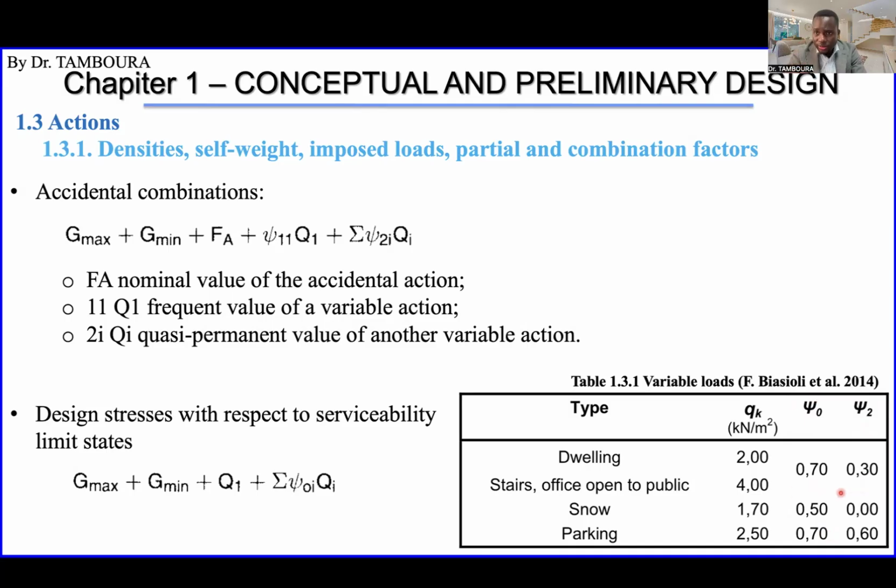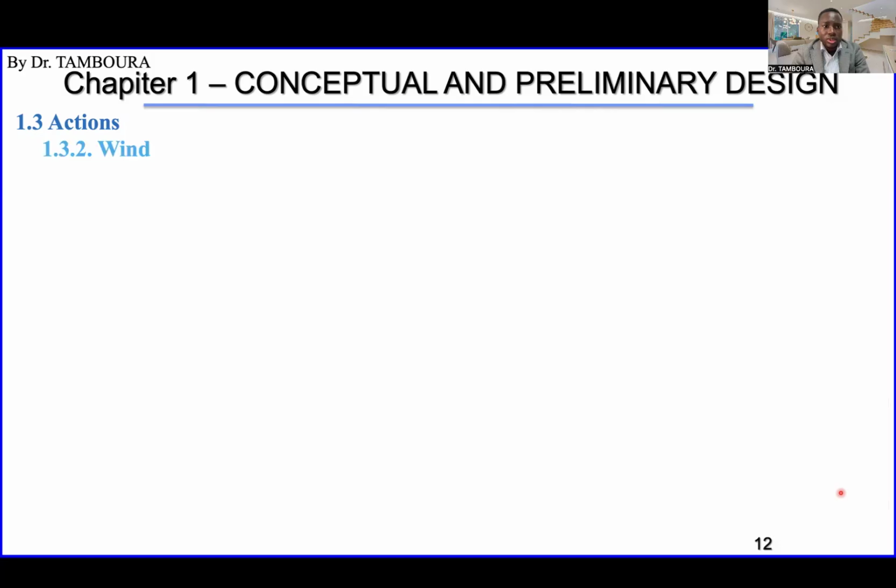Please know the difference between combination factor and partial factor. They are not the same. So let's go now to the wind action. Maybe this is the core of this lesson, this video: how to evaluate the action of the wind. This is normally, as I said, from Eurocode 1, not Eurocode 2.